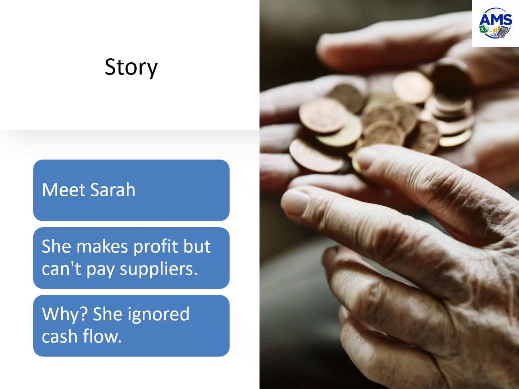She is confused. She asks herself, how can I be making money and still be broke? The answer to this question is she did not understand her cash flow statement.